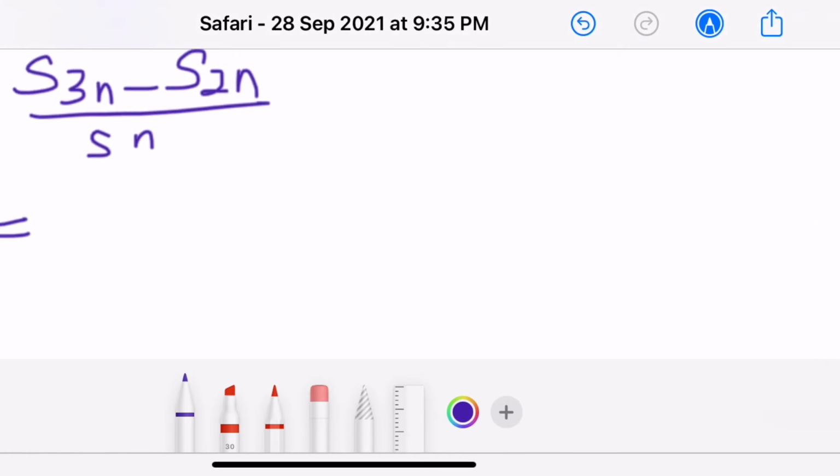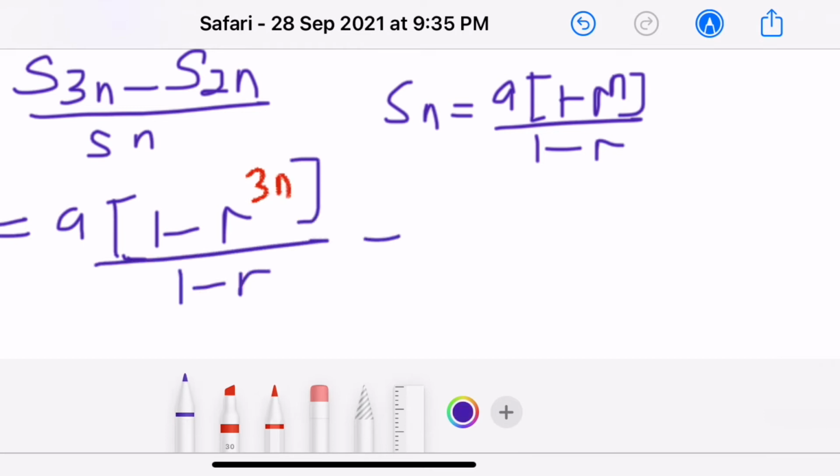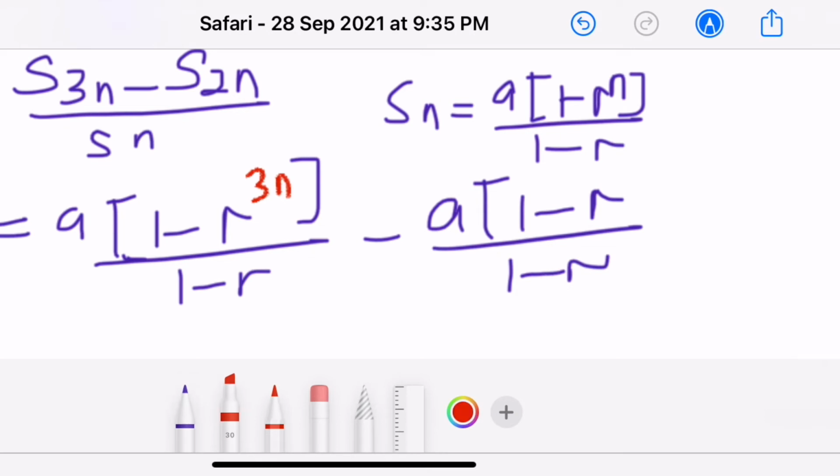The formula for Sn for r less than 1 is a(1 minus r^n) over 1 minus r. So let's substitute carefully: a(1 minus r^3n) over 1 minus r, here you substitute 3n, minus a(1 minus r^2n) over 1 minus r, here we substitute 2n.